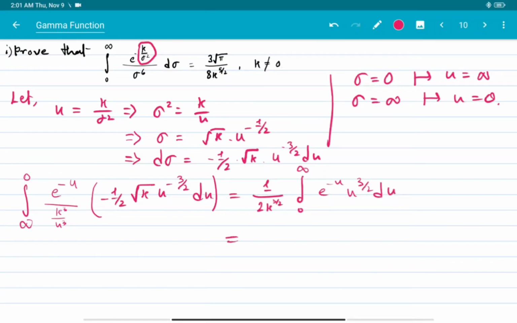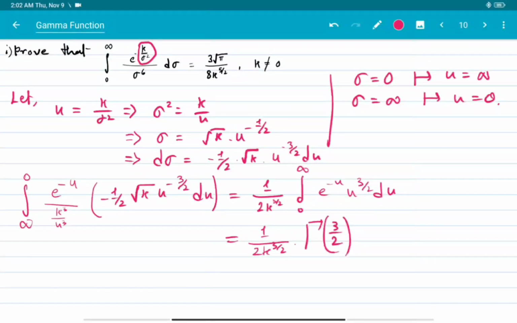So half of k, k will be in the denominator, times gamma of 3 over 2.